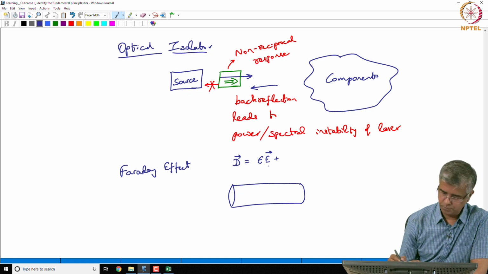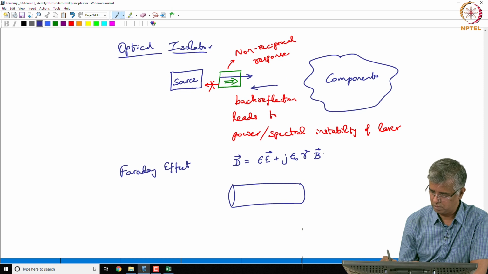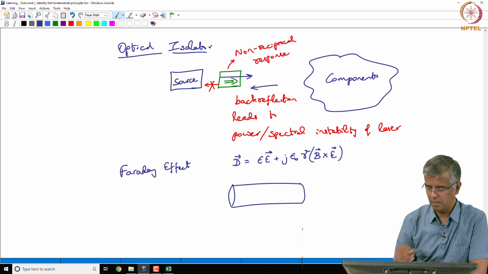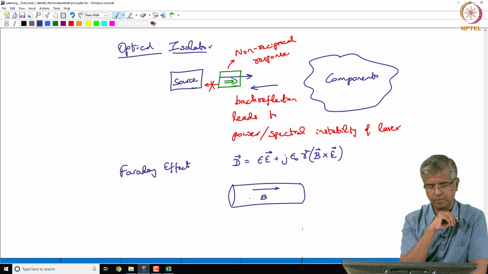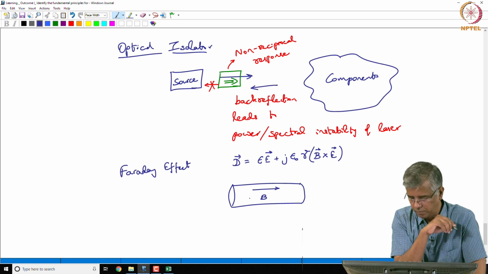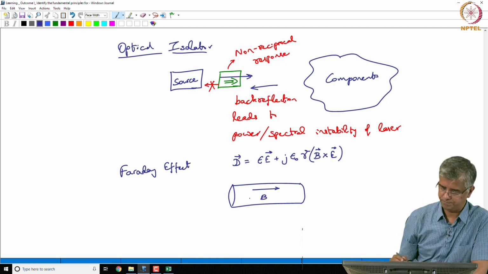Okay. That response is given by j epsilon naught gamma B cross E, right, where B corresponds to the magnetic field, in this case represented by the magnetic flux density along the axis of the material.